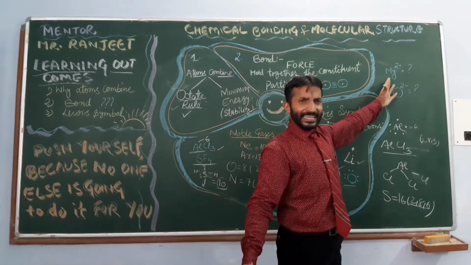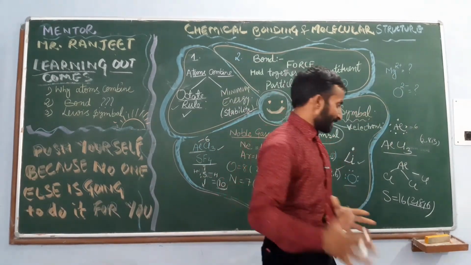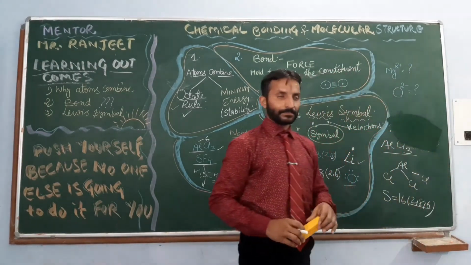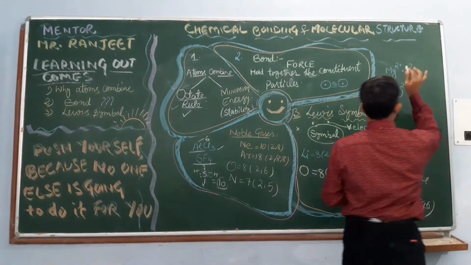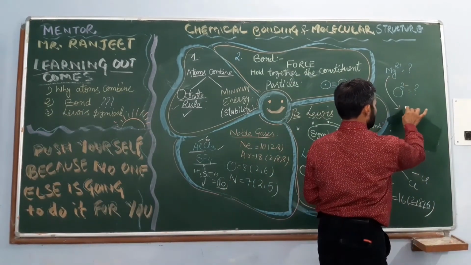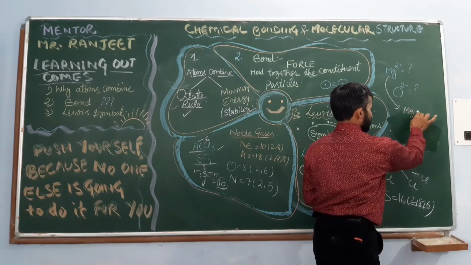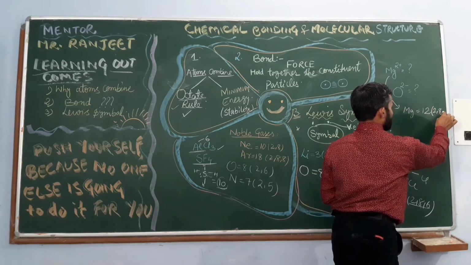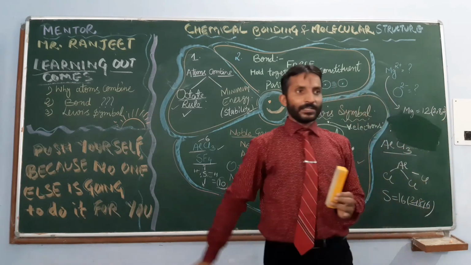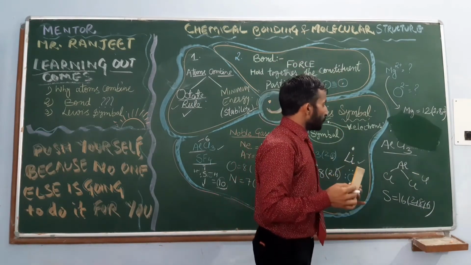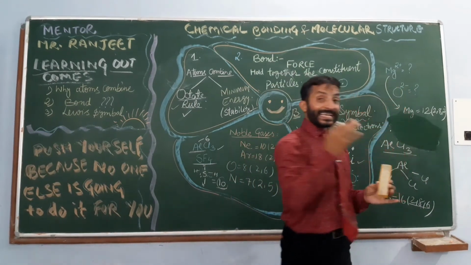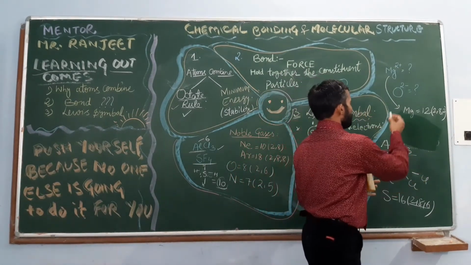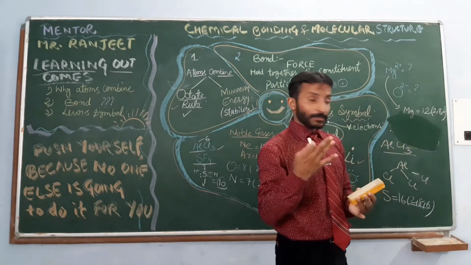Can you calculate for magnesium ion and oxygen ion? Let us see for magnesium. Magnesium has atomic number 12, configuration 2, 8, 2. Now I want the magnesium ion, which is a cation, so I have to lose 2 electrons.